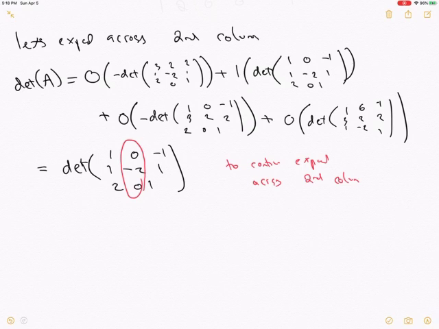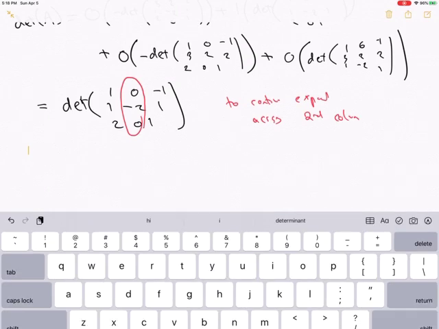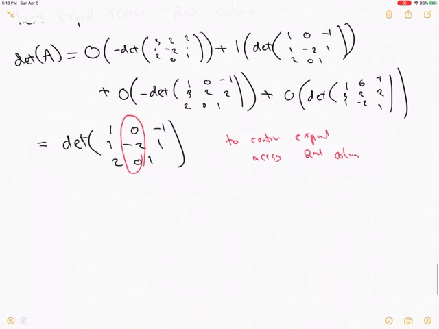So when we expand across that, we'll get the entry 0 times the determinant of a submatrix. So we'll get 0, and then we'll get minus 2 times the determinant of the submatrix. If you delete that 2 entry, then you'll get 1, minus 1, 2, 1, and then you'll get a plus 0.